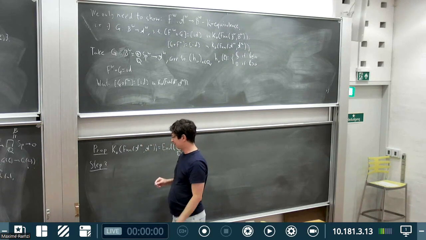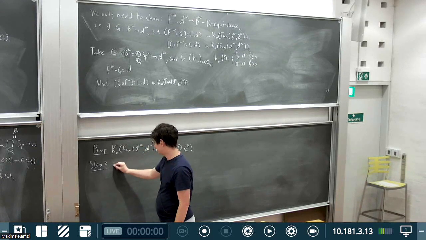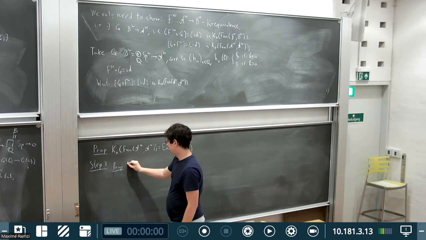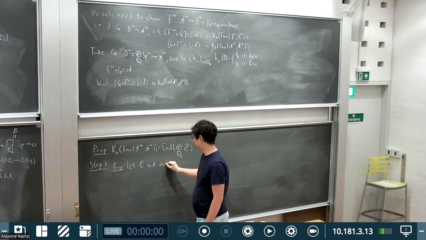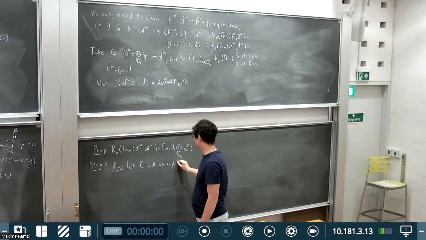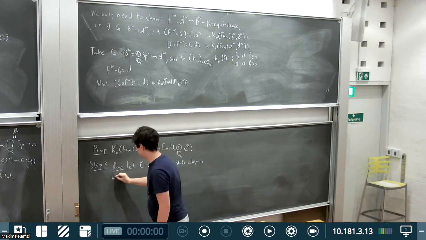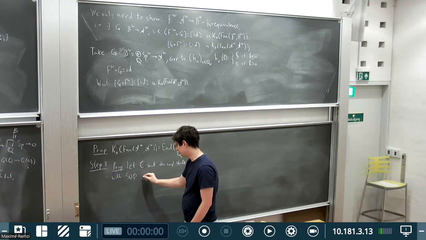for completed semi-orthogonal decompositions. Namely, let me formulate it carefully. So let C be a small idempotent complete stable category with infinite semi-orthogonal decomposition indexed by natural numbers.